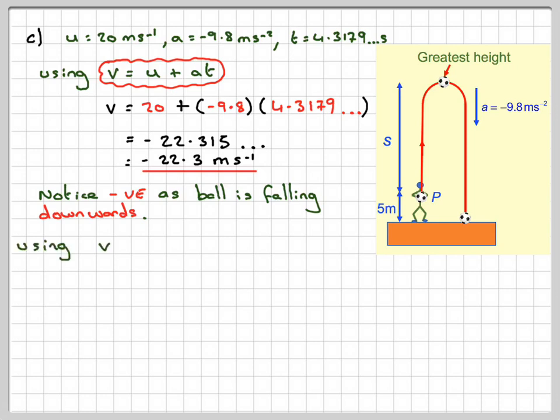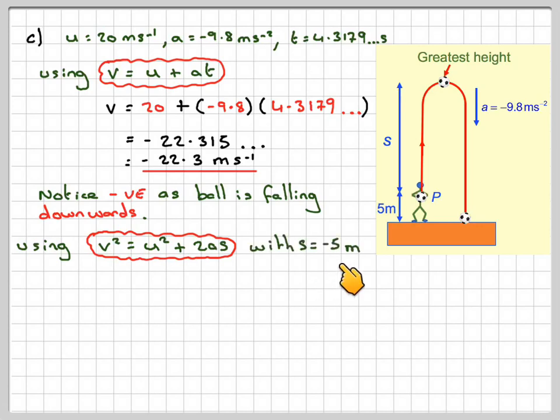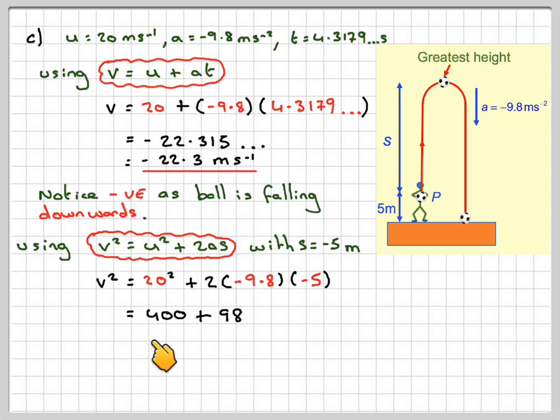Now we could have used V squared is equal to U squared plus 2AS, with S being equal to minus 5. We've got V squared is equal to 20 squared plus 2 times minus 9.8 times minus 5, which is 400 plus 98, which gives me 498.